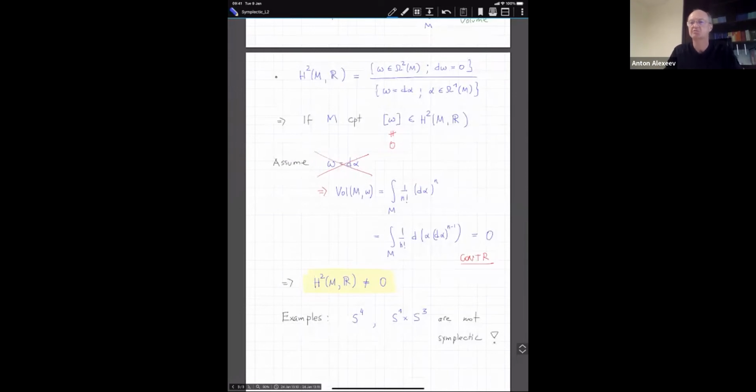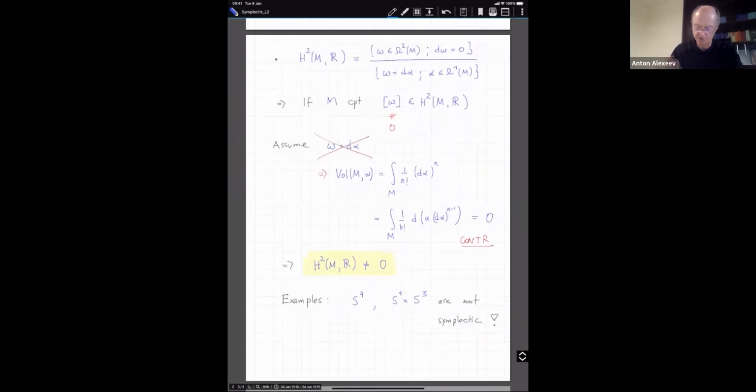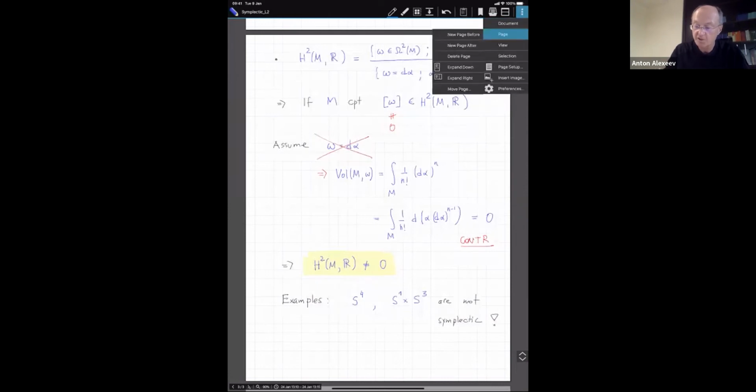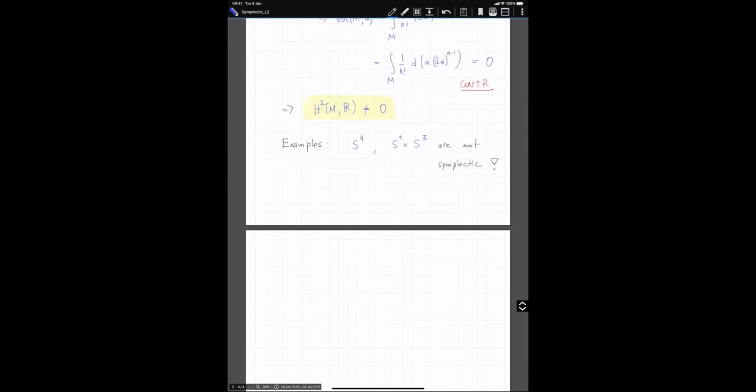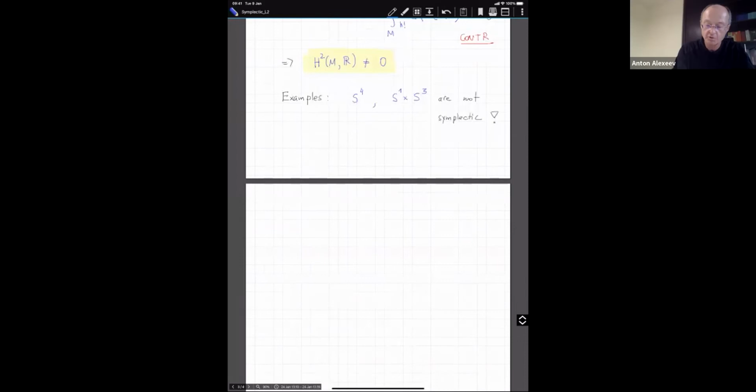This was a little dive into topology. These are very simple things. Of course, people doing symplectic topology dive much deeper into the question, but these are at least some small things which are useful for us. Now let me get back to some more elementary stuff.